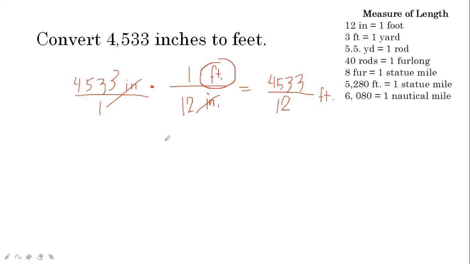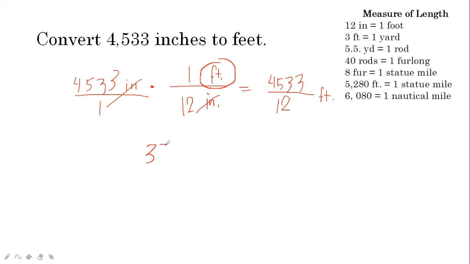And what is 4,533 divided by 12? So, a calculator to be sure of our answer. It can also be done manually. Okay, so 4,533 divided by 12 is equal to 377.75.